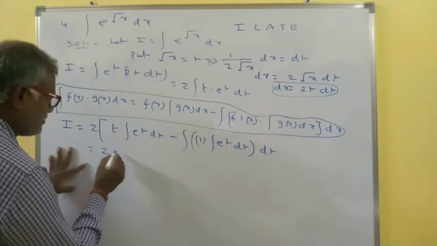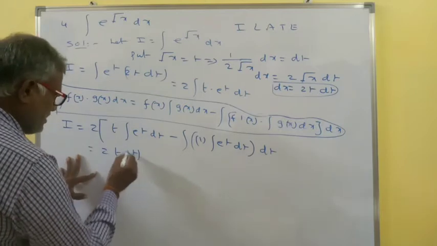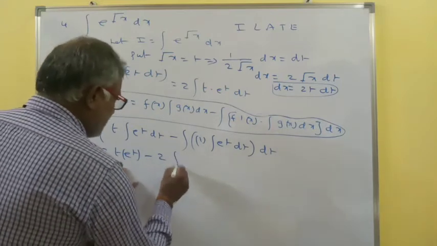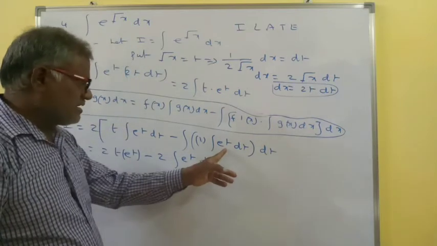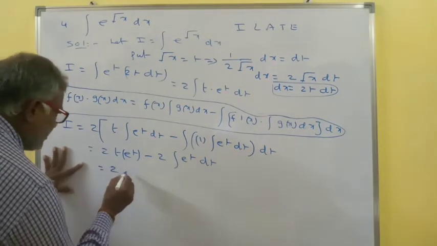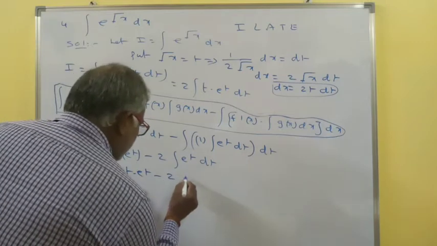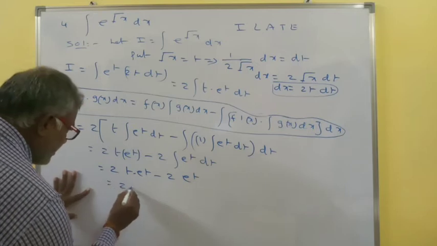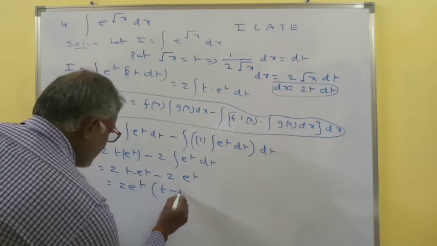So 2 into t into e power t, because integral of e power t is e power t, minus 2 into the remaining integral of e power t dt. For this one, integral value is e power t. So simply here 2 into t into e power t minus 2 into integral of e power t. So finally 2 into e power t as common, so t minus 1.